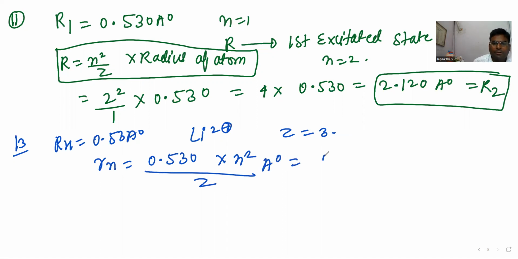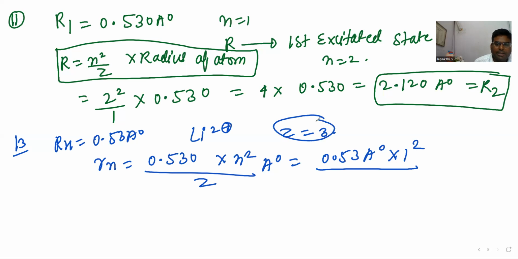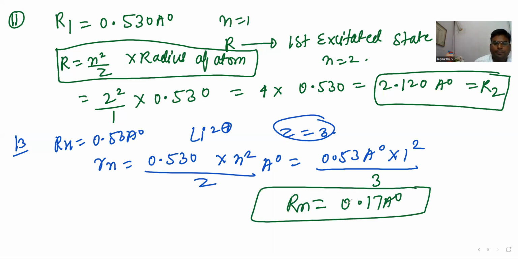So put the value 0.53, which is already given in angstrom, into n value 1 for the first orbit, so 1 square, and Z is 3. Calculate it, then you will get 0.17 angstrom. That is the radius in lithium.